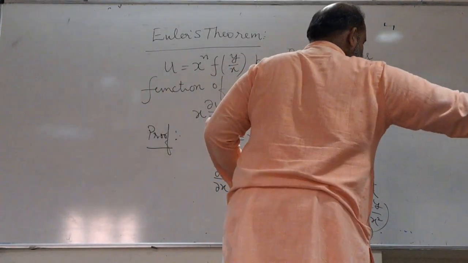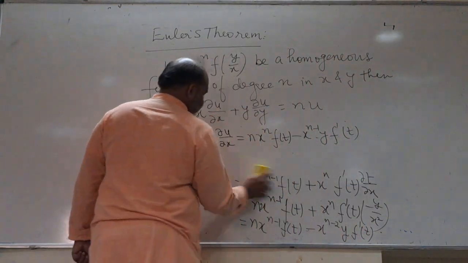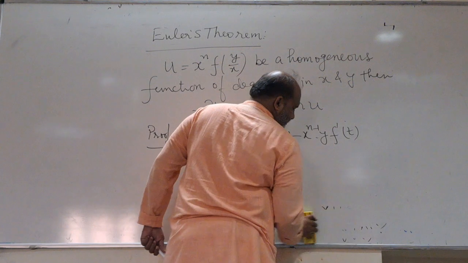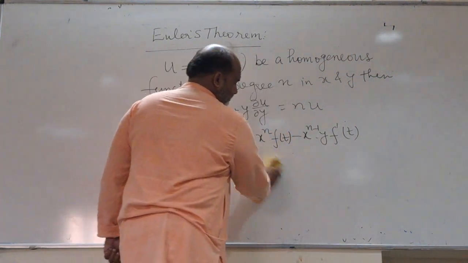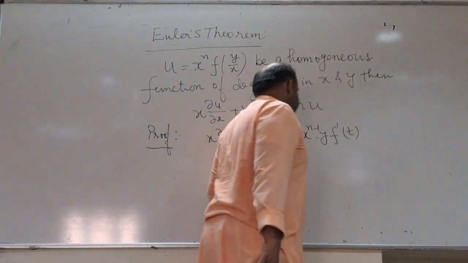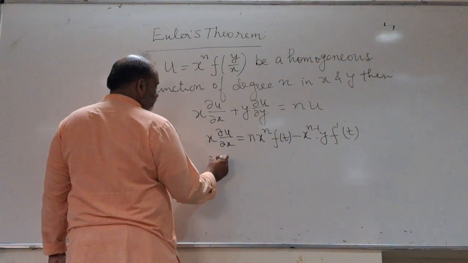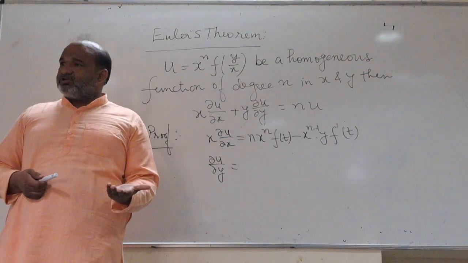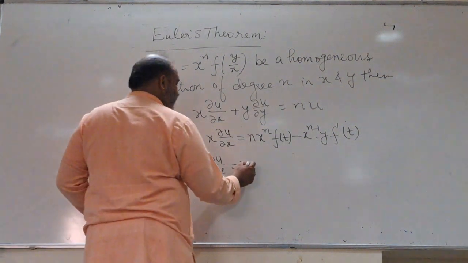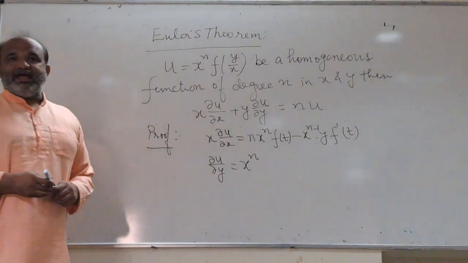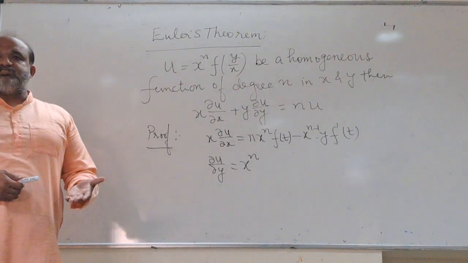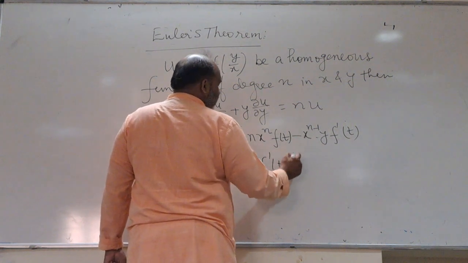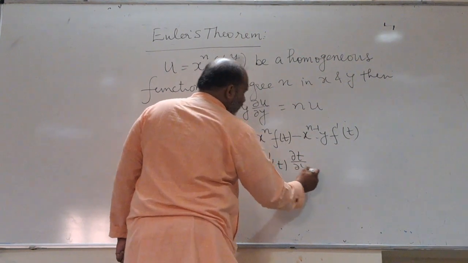Now let me go for the partial derivative with respect to y. So ∂u/∂y will be equal to x^n, this is constant, then f(t), of course f(t) is a function of y because t is equal to y upon x. So the complete derivative f'(t) into ∂t/∂y.